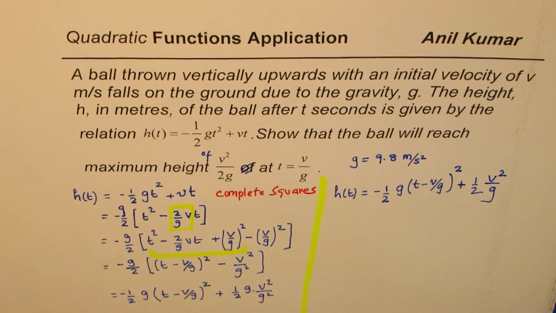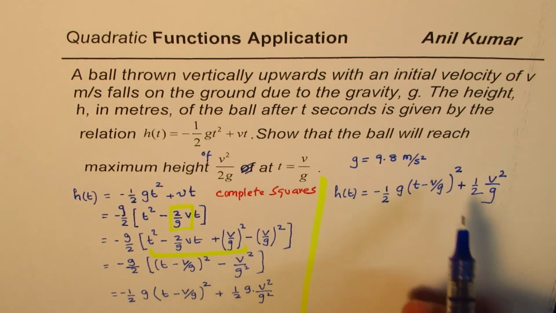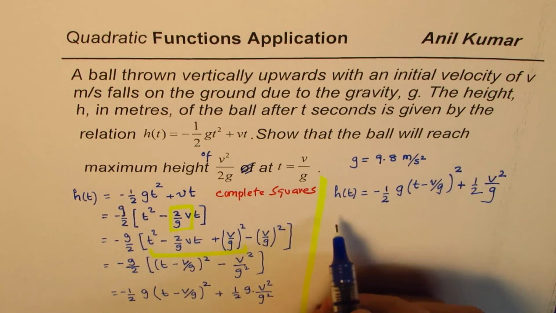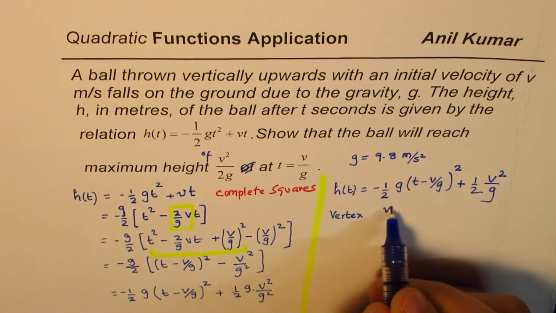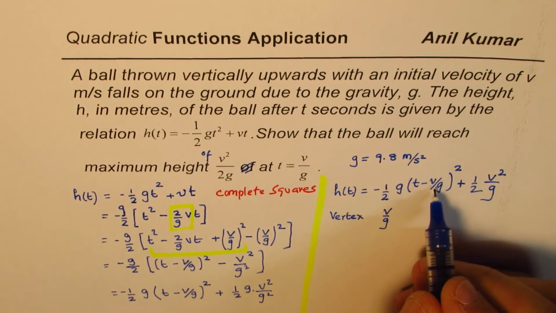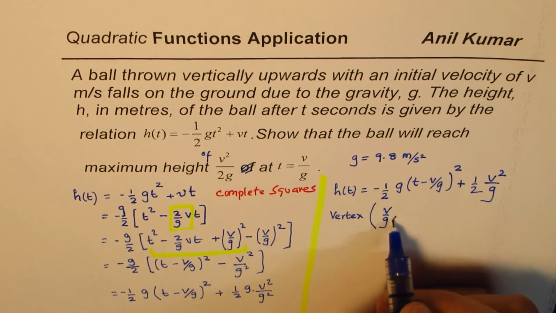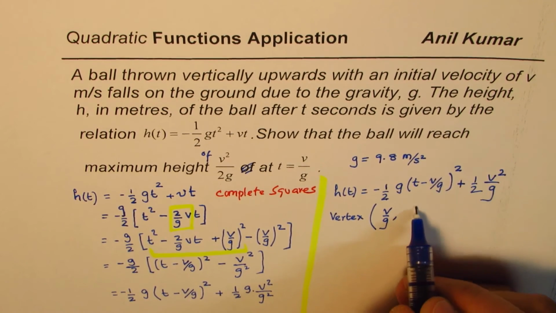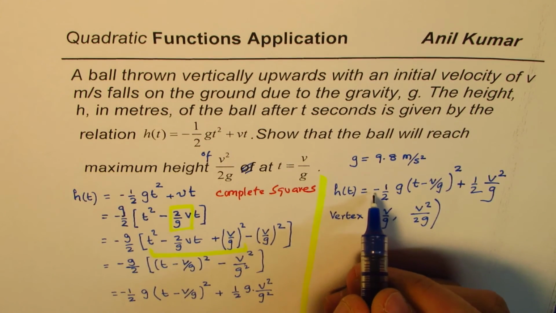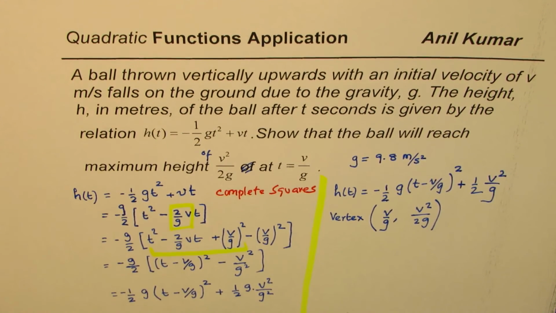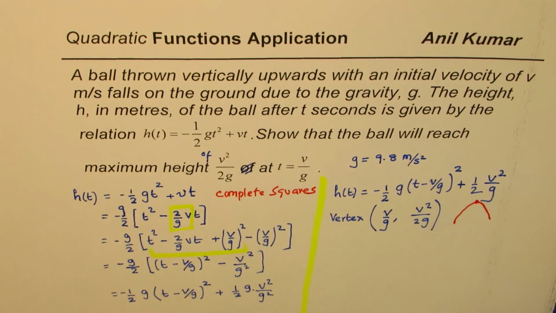Knowing this, we know this is a parabola whose vertex is at v over g, the t value, the independent value. And the y value, which is the maximum, is v square by 2g. This negative indicates that the parabola opens downwards, and therefore we have a maximum.